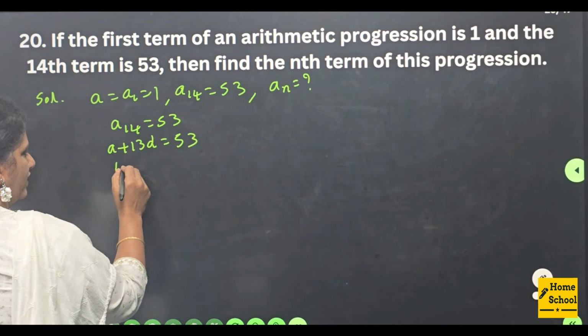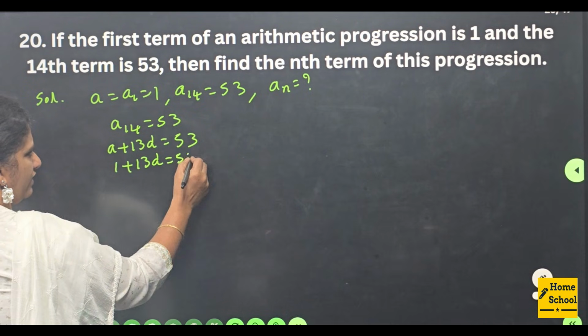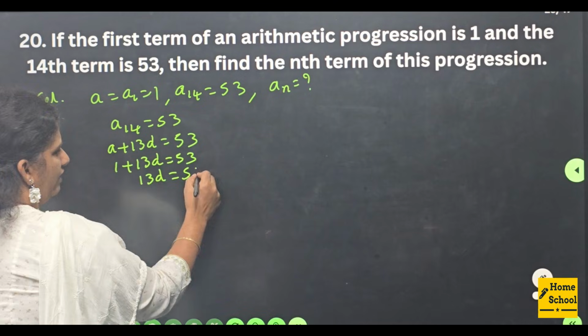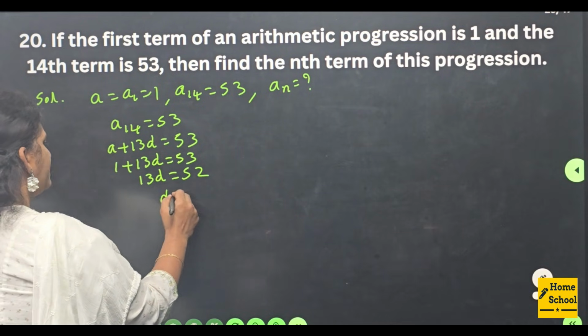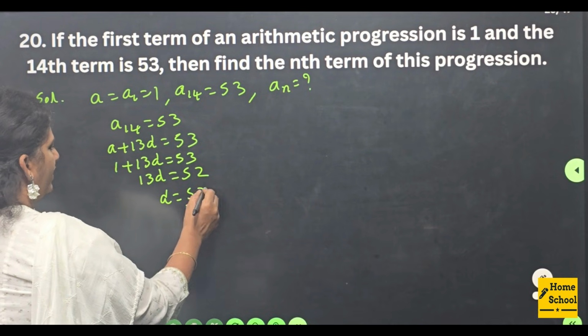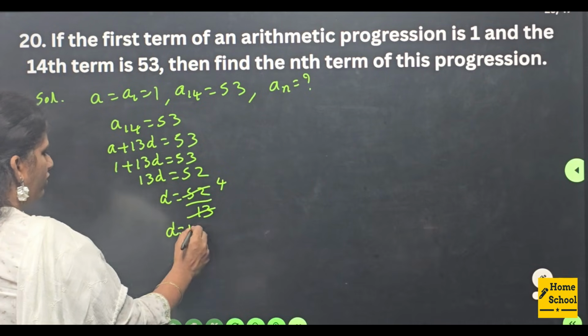Substitute a value, that is 1. 1 plus 13d equal to 53. 13d equal to 53 minus 1, which will be 52. d is equal to 52 by 13. 13 fours are 52, therefore d is equal to 4.